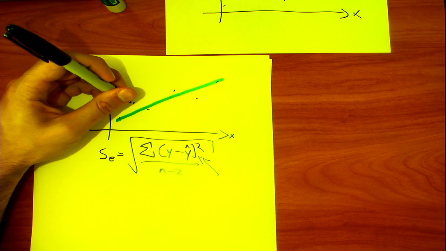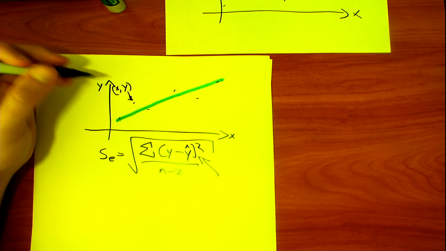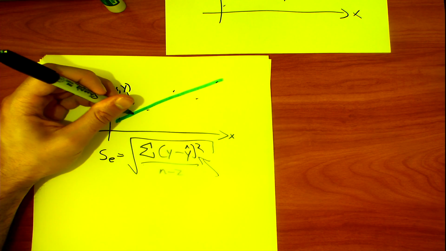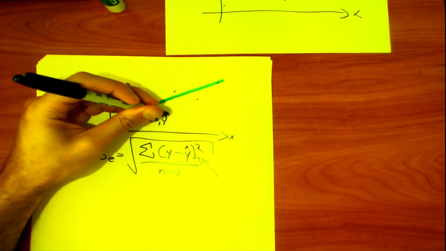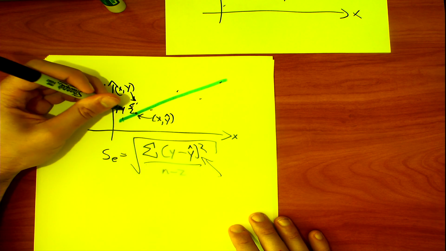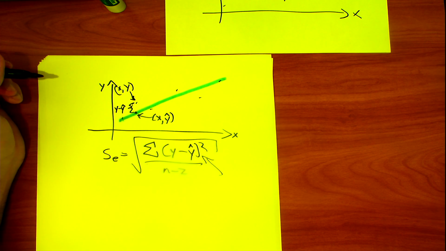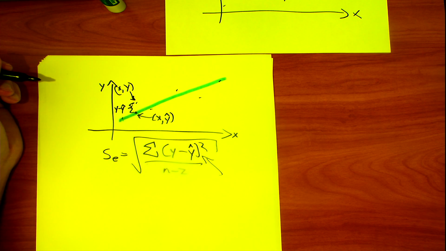So this would be a y, which has x and y coordinates, and this would be something at the same x that has the y value of y hat. So y minus y hat is that value there. It's how off the trend line is from the data at wherever you have data. Essentially, you're looking at your trend line, looking at the data that it was constructed from, and seeing how wrong it is. That's what standard error does.